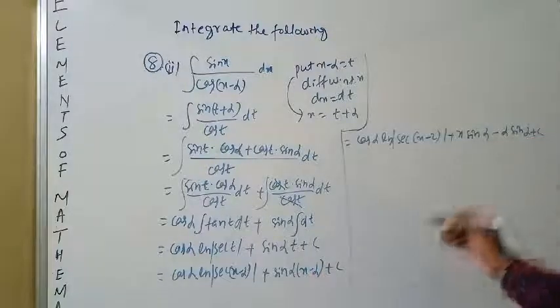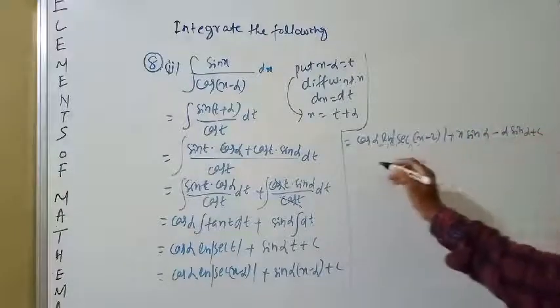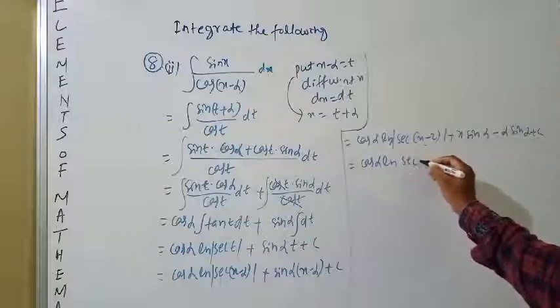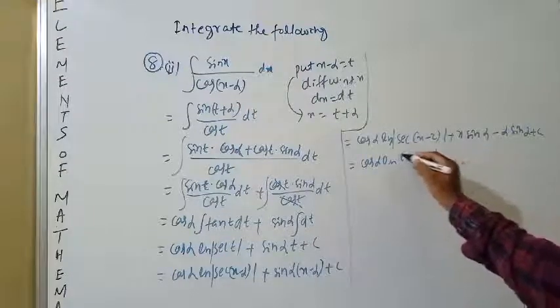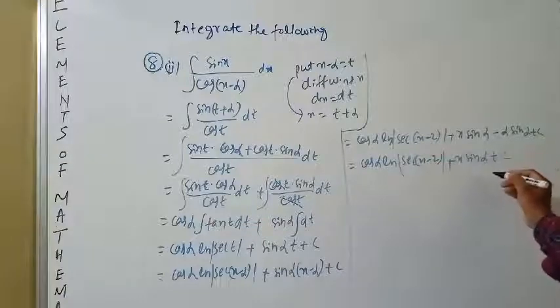You see alpha sin alpha is constant and c is also constant, so I can omit this term. The answer is cos alpha ln sec of x minus alpha, plus x sin alpha, plus c.